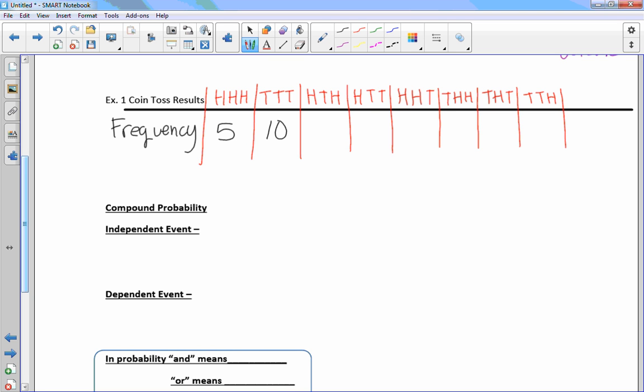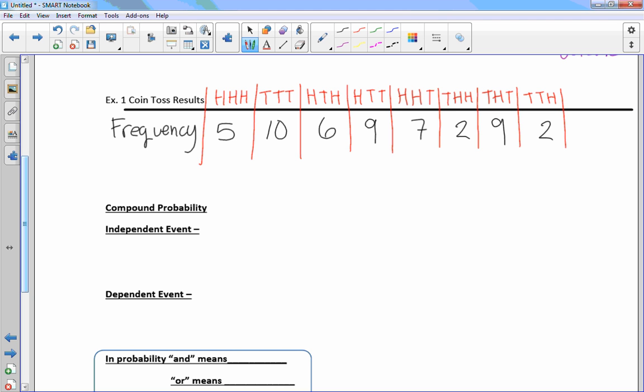Heads, tails, heads 6 times. Heads, tails, tails 9 times. Heads, heads, tails 7 times. Tails, heads, heads 2 times. Tails, heads, tails 9 times. And tails, tails, heads 2 times.